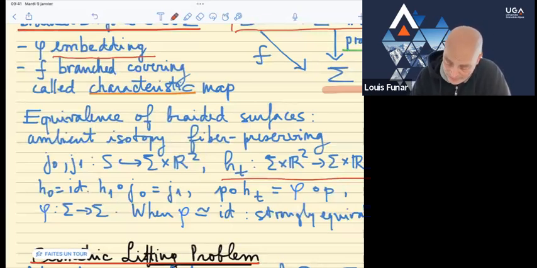And when phi is actually isotopic to the identity, we say that the braided surfaces are strongly equivalent.